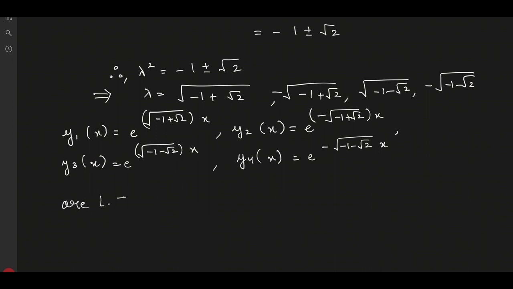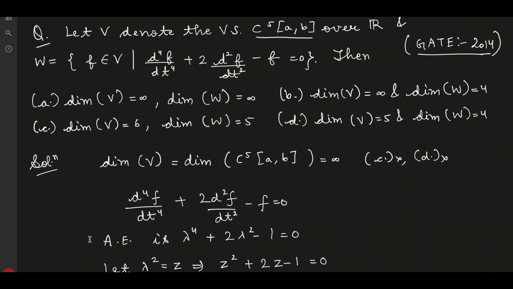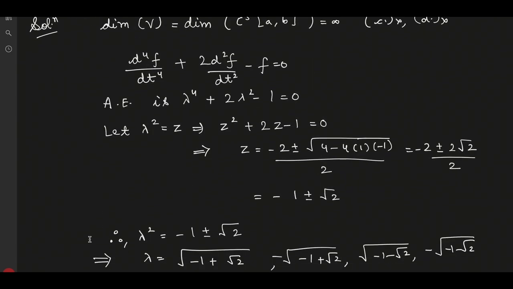These are linearly independent solutions. So the dimension of W will be 4. So B part will be correct.